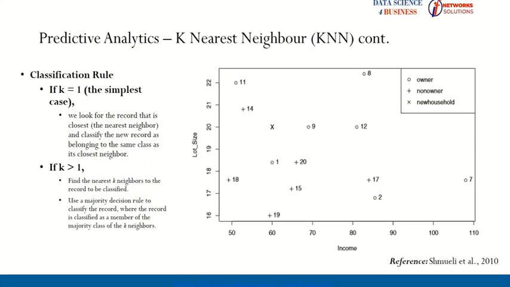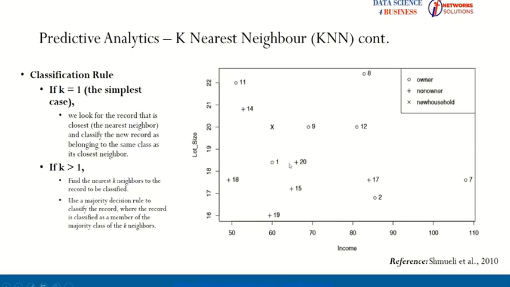Now, K nearest neighbor, just like I explained, uses a distance measure, the Euclidean distance, to look for which of these points is closest to the X we are looking at here. So if I look at this now, I probably want to say 14 is close to X, 9 is close to X, 1 is close to X.